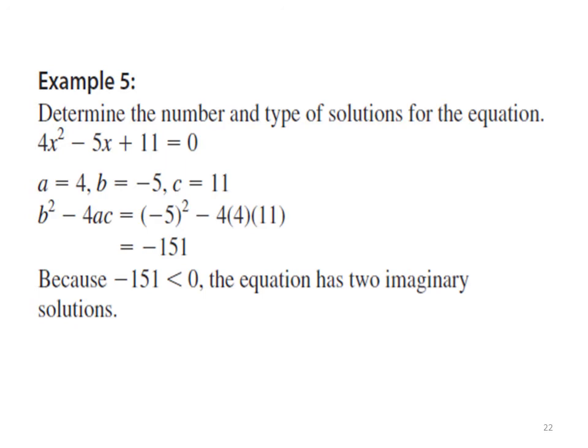We only need to calculate the discriminant. b squared minus 4ac is equal to minus 5 squared minus 4 times 4 times 11. If you simplify this, you should get minus 151. If the discriminant is negative, then we know we have two solutions and both will be complex solutions.